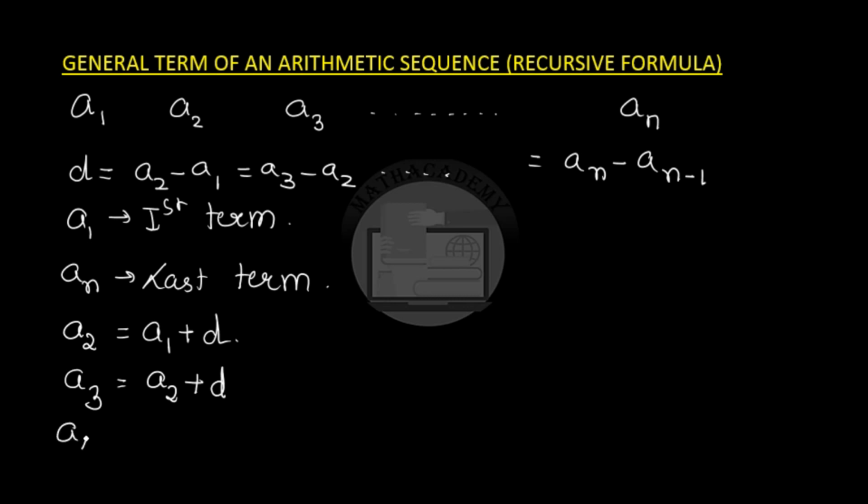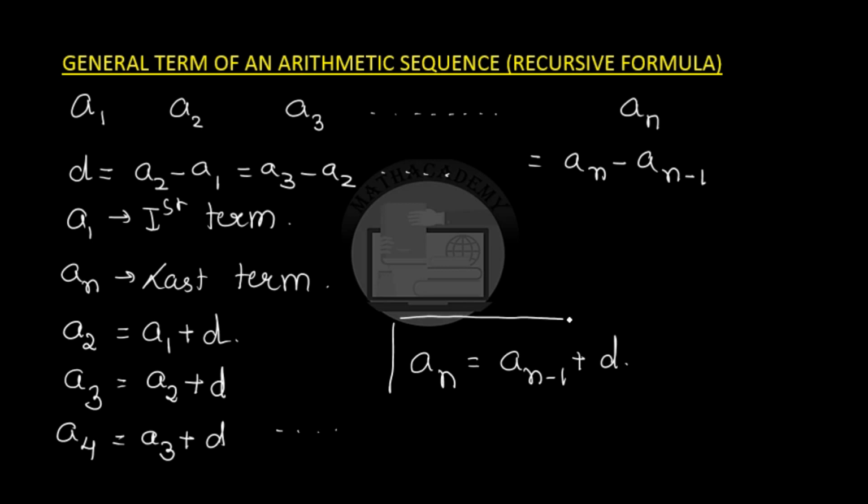To obtain the fourth term, you add the common difference to the third term, and so on. To obtain the nth term An, we have to add the common difference to the previous, which is the n minus 1th term. And this is how we obtain the term of an arithmetic sequence at a given position, by adding the common difference D to the previous term.